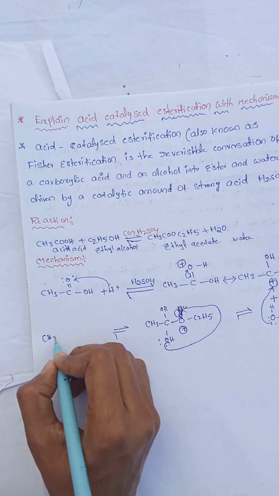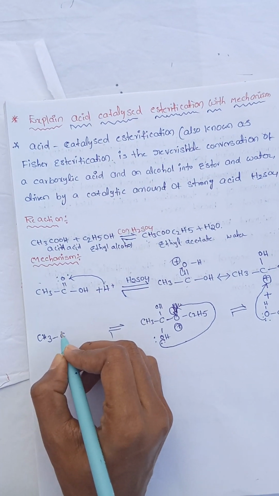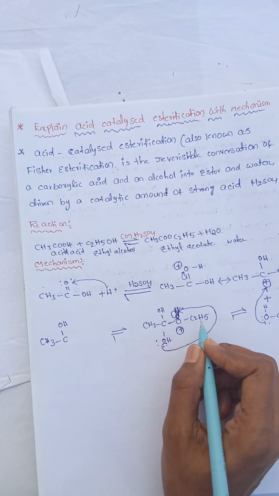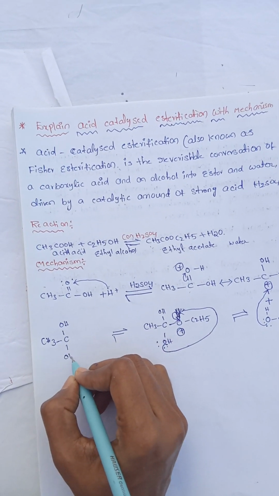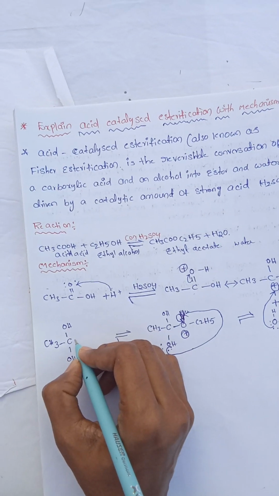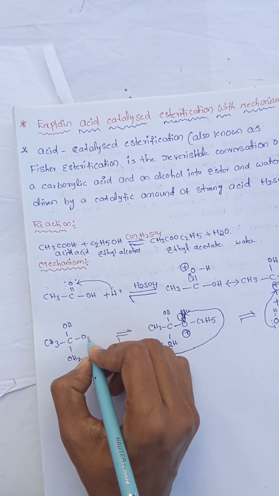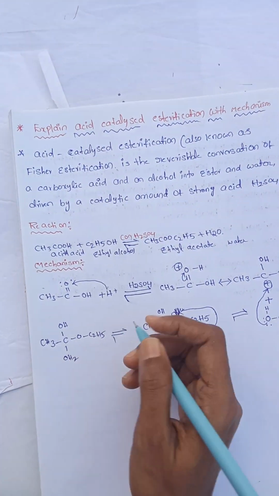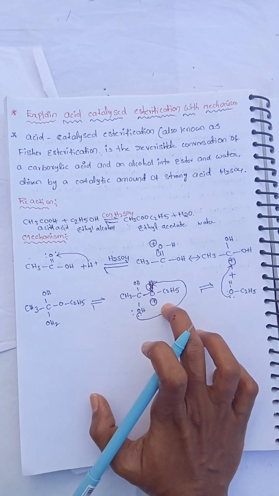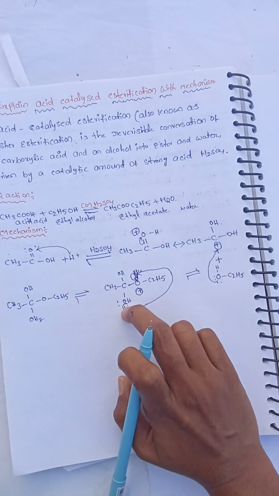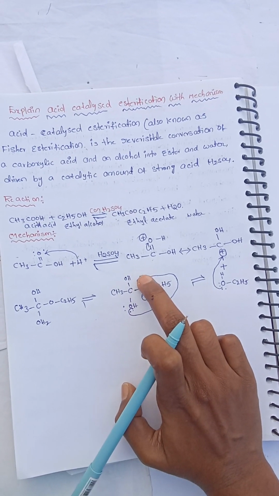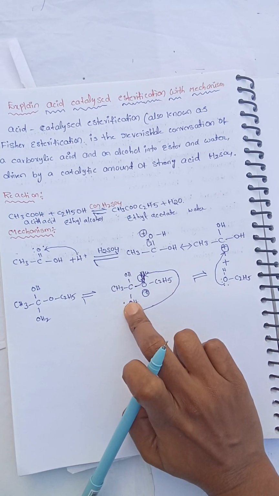That means you have to write the product CH3 as usual, and carbon with OH. Again OH2, that means this hydrogen is attached to this side. Again OC2H5. Directly you nullified all the positive charge. The lone pair is attached, that means hydrogen is attached to this side, that means OH.